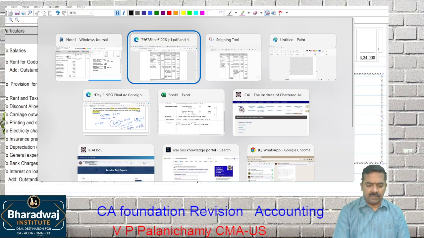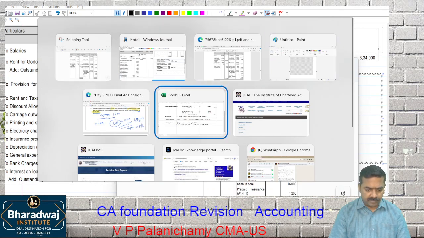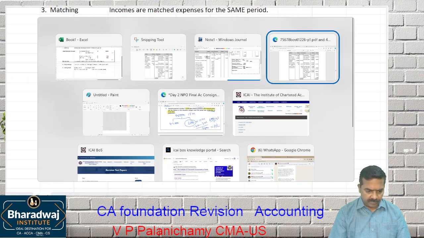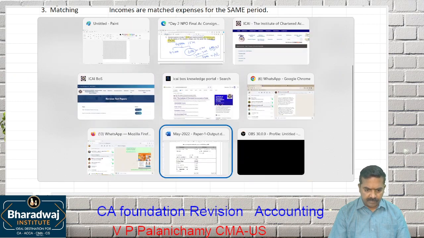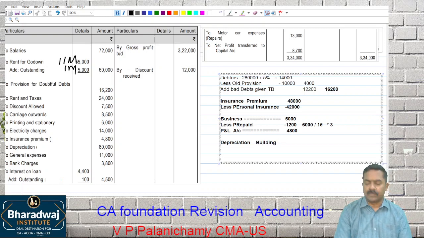Depreciation on which asset do we want to work out? Tell me the values. Building. How much amount? 25,000.